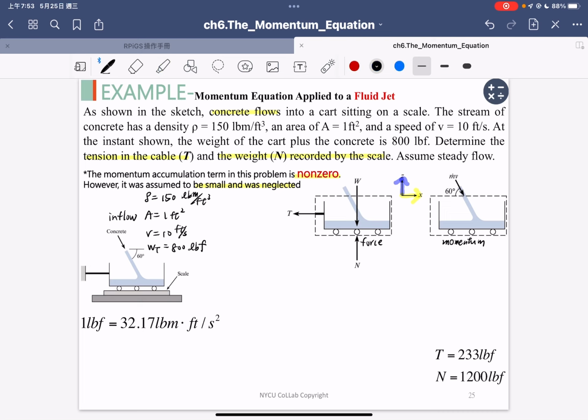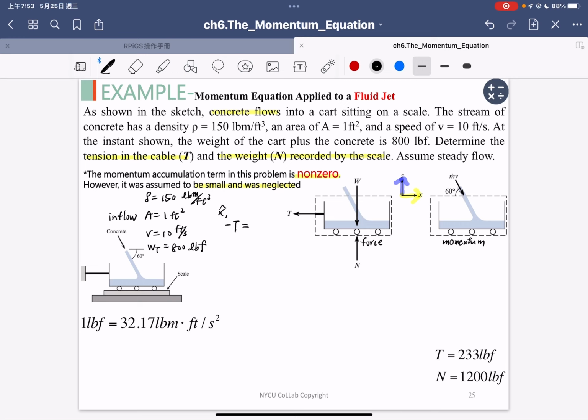So first we focus on the x direction. We have the minus tension, because the tension force is leftward, and we only have the inflow.